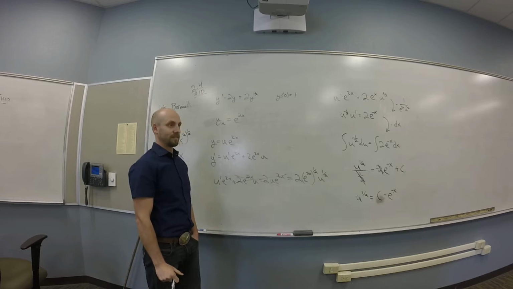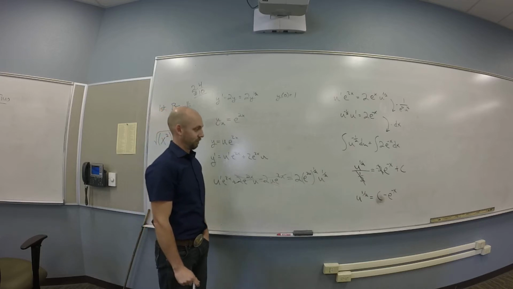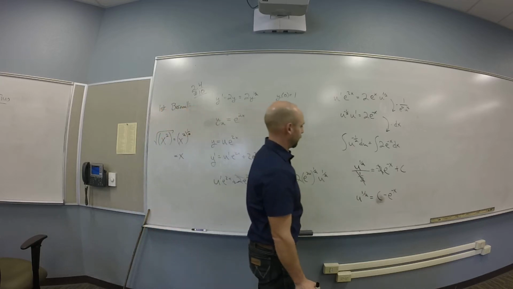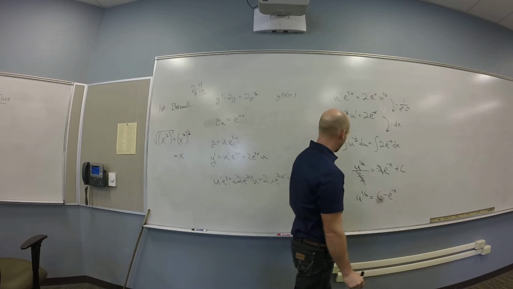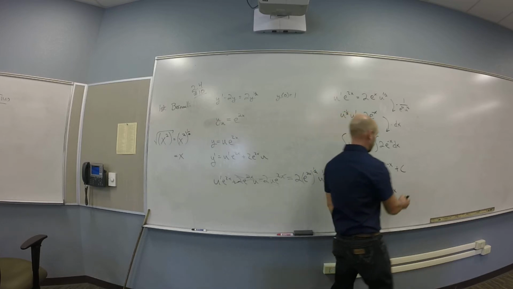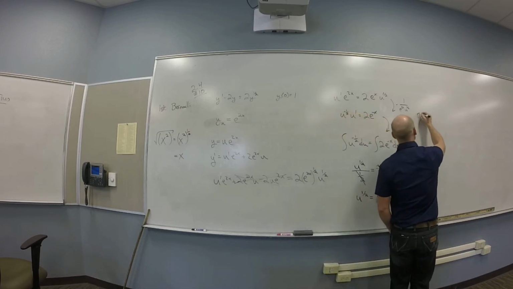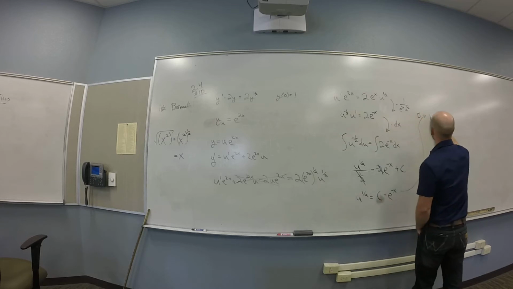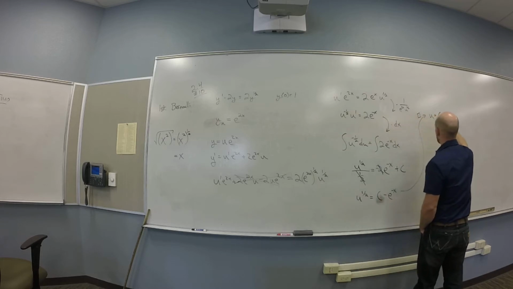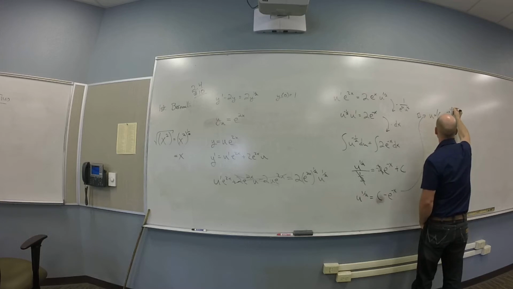Next thing? Yeah, you don't want to know what u to the 1/2 power is. You want to know what u is, right? So you take both sides and square them. So you get u is c minus e to the minus x all squared.